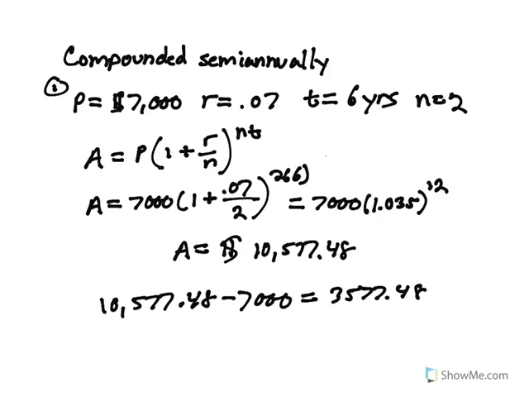Now, another situation you're going to run into is when you're given 2 rates with 2 different situations of how it's compounded. One's going to be compounded daily, the other one's going to be compounded continuously.